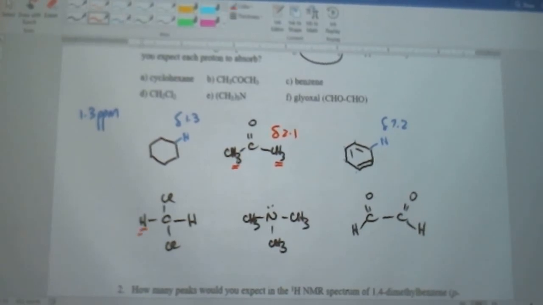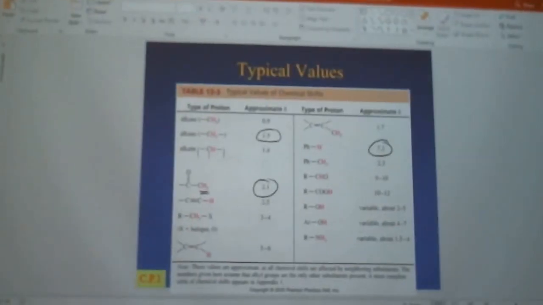About any one of these 2 hydrogens: 5.3. If you are attached to one chlorine, you would expect to be coming on the lower end here. But from an alkane to adding 1 chlorine, the difference is about 2 ppm. Add a second chlorine, and I should expect this to be at around 5.